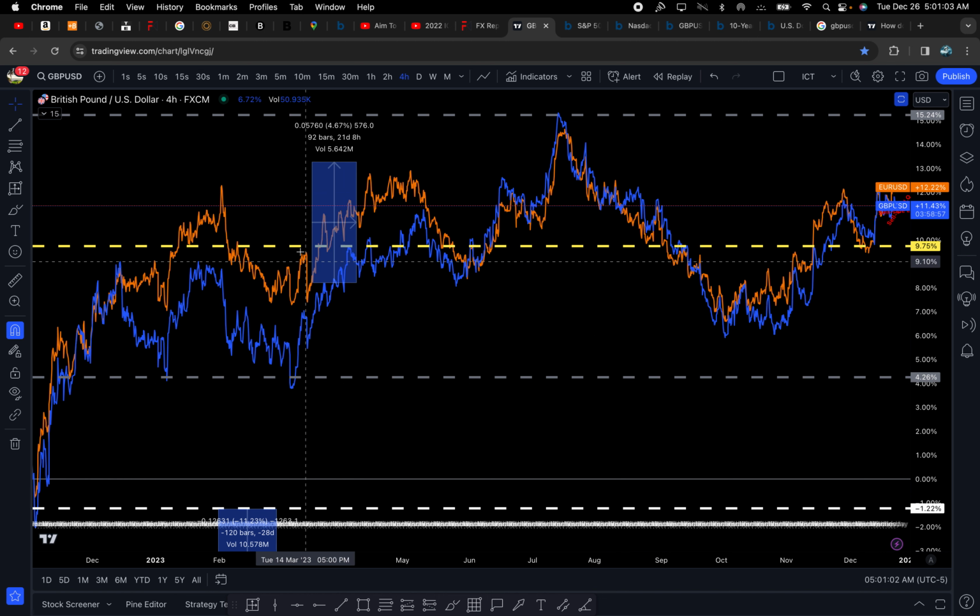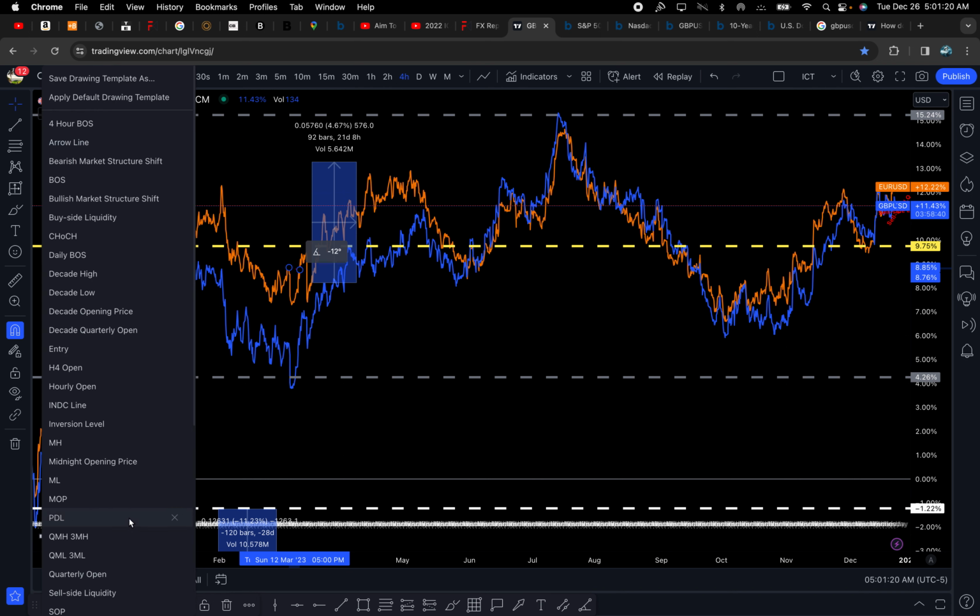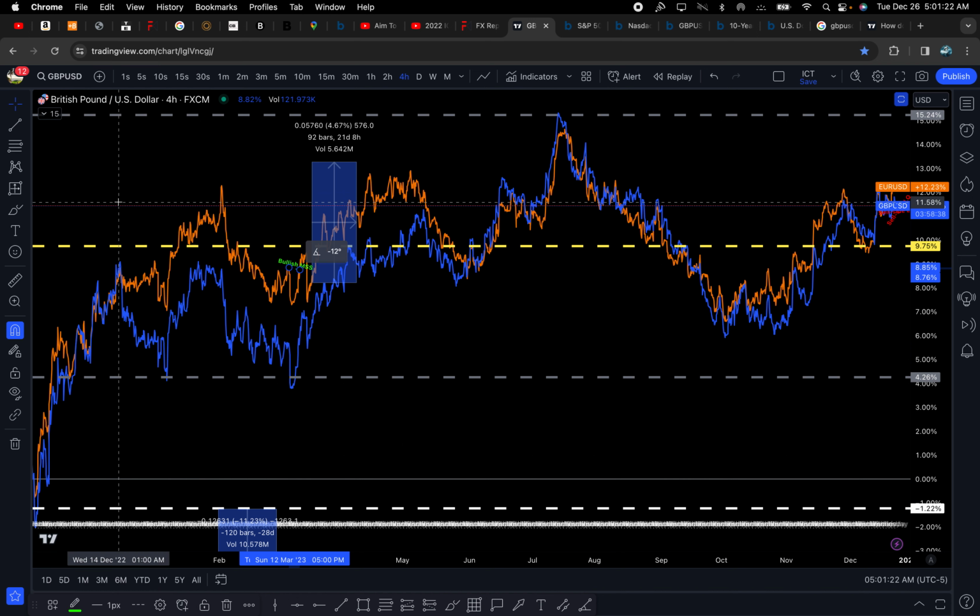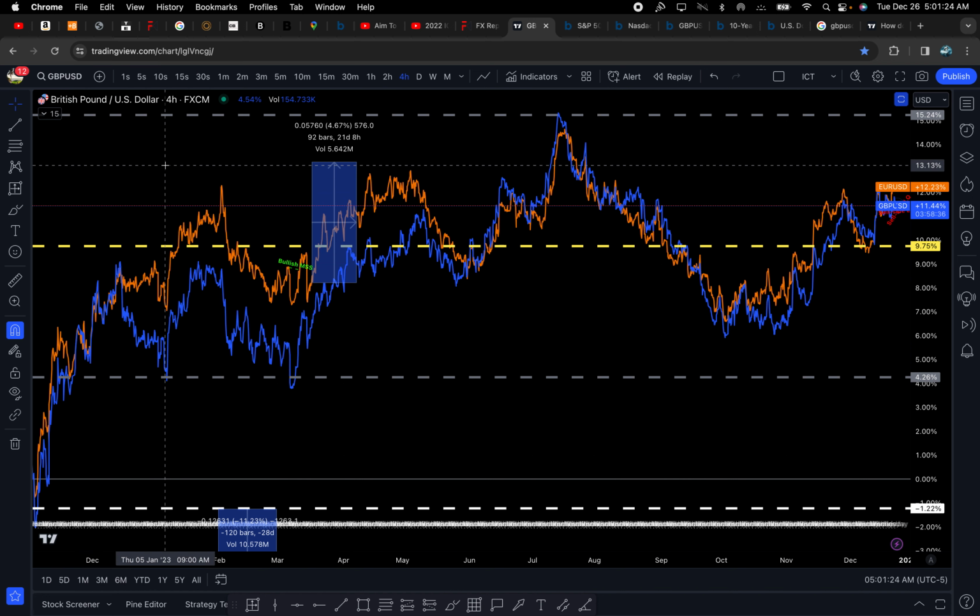It's basically saying, okay, that's the low. You got a bullish market structure shift right here, and you can draw that out if you want to. Bullish market structure shift right there.